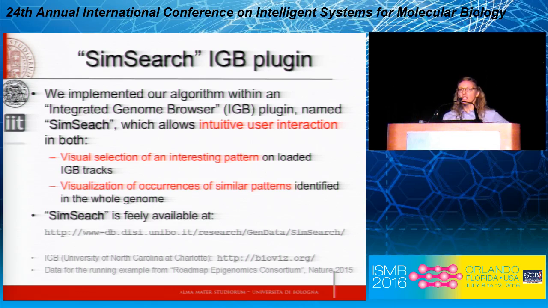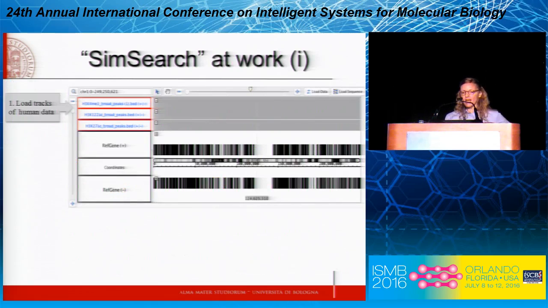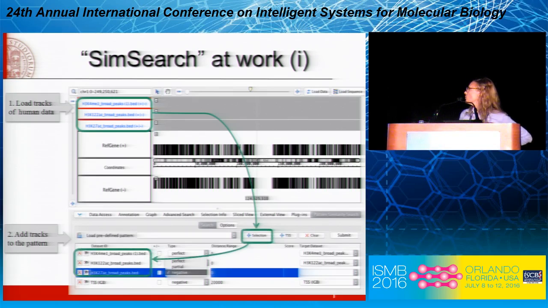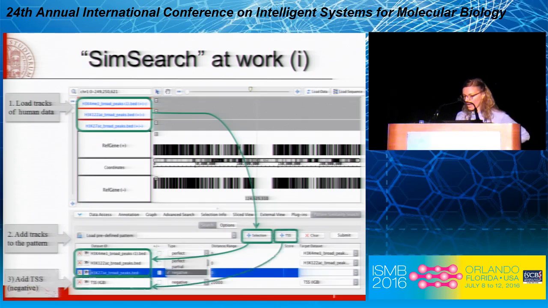The desktop application is available on the website, and I provide just a few sketches to focus on the functionality it provides. Here I'm just running a predefined pattern, so we define the pattern from files, and we finalize by saying that this has to be a positive track, a negative track. We want even to add a TSS track.